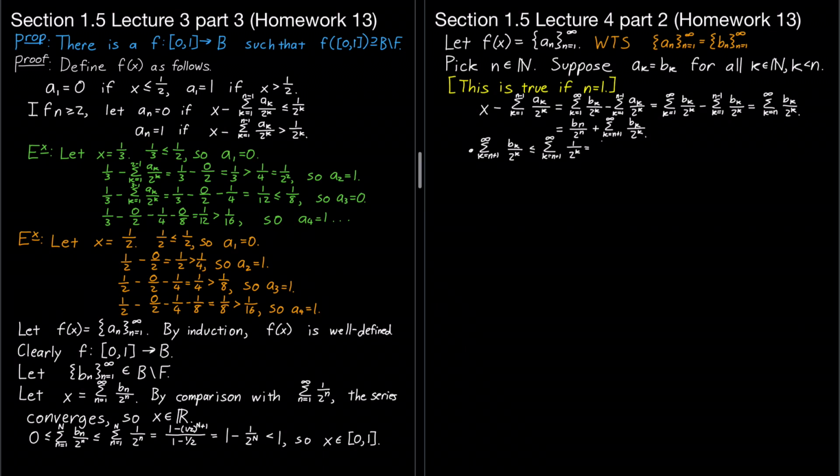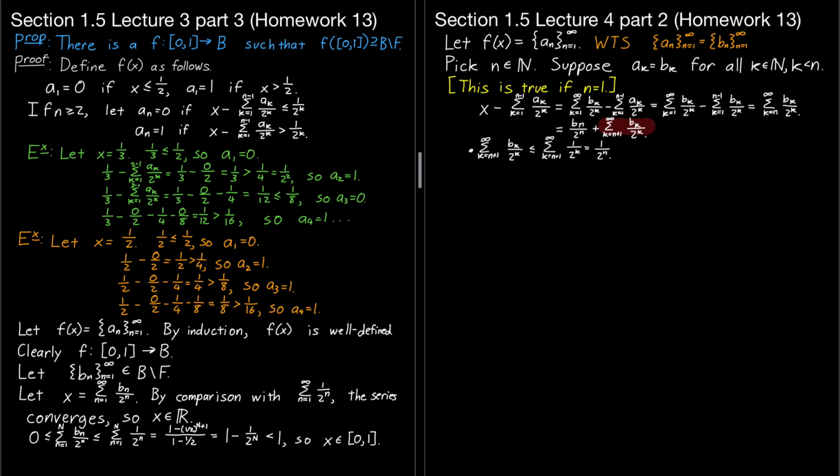And that sum, you look up your sums of geometric series, is at most 1 over 2 to the n. So this piece cannot be any bigger than 1 over 2 to the n.